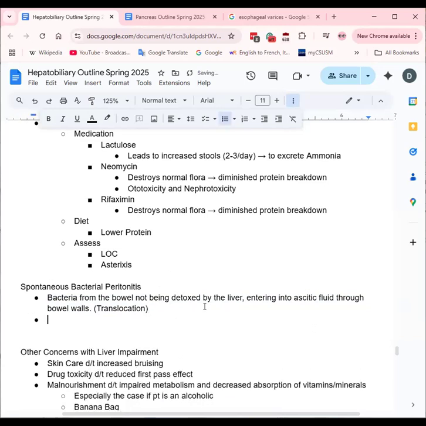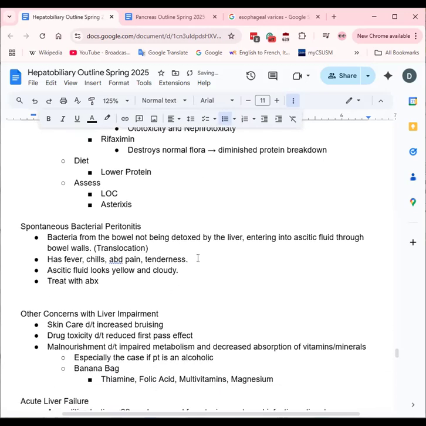So here, what I have written down is just typical things you can expect with peritonitis. If you're getting acidic fluid when you're doing a paracentesis, it will look cloudy and yellow, as opposed to more straw colored. Similar to what you would expect with infected urine, you see cloudy.